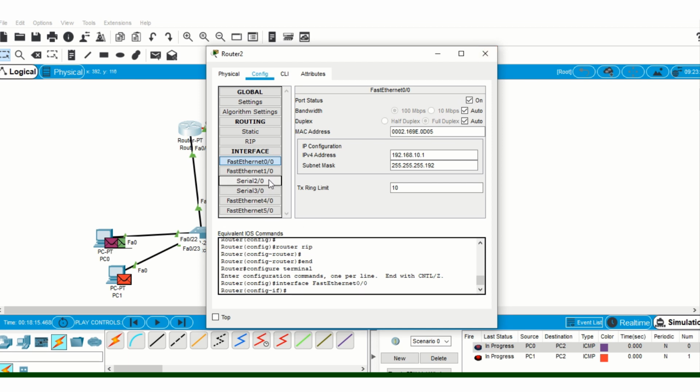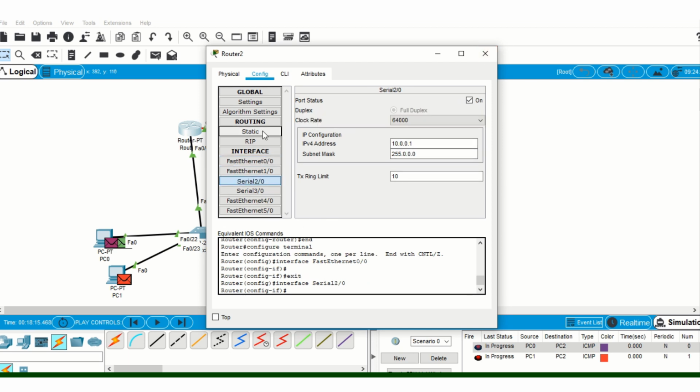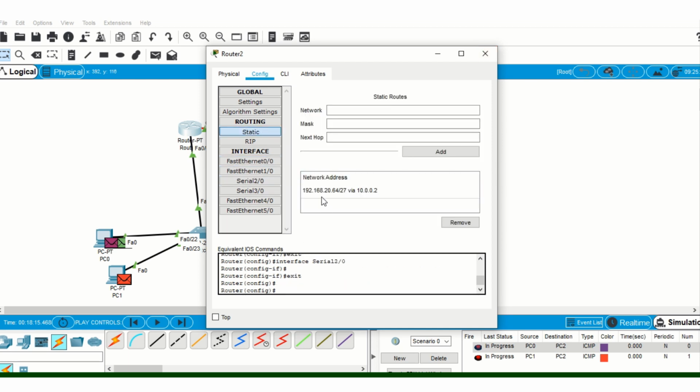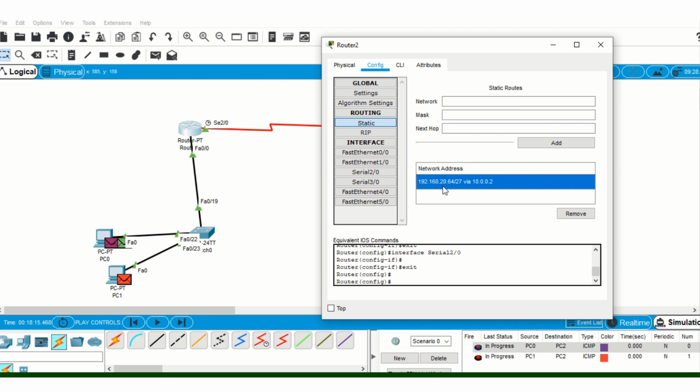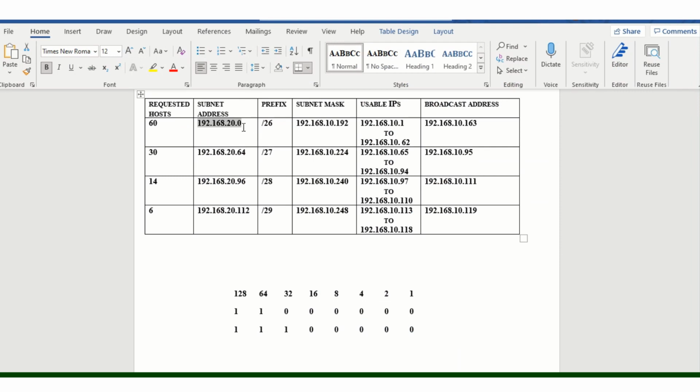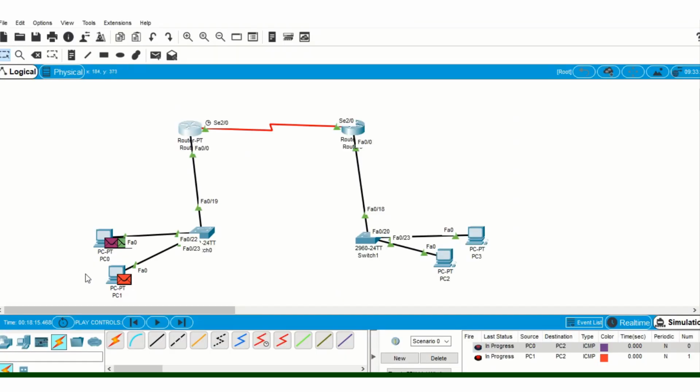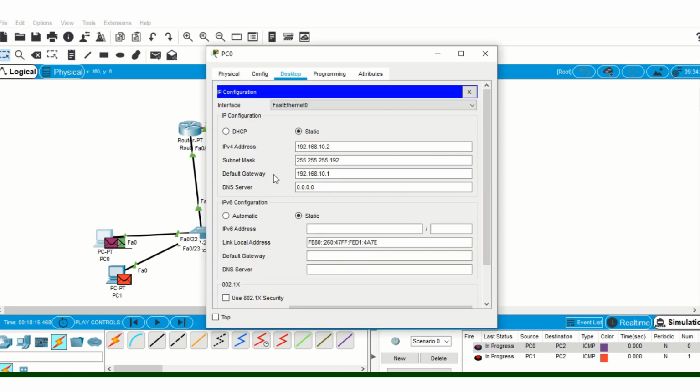It's correct. Serial 2/0. Correct. Static route added. Okay, that's the problem here. I added the route for 20 and my network is 10. Okay, I made a mistake here. I used 20 here and in my configuration I used 10, if you can see here.